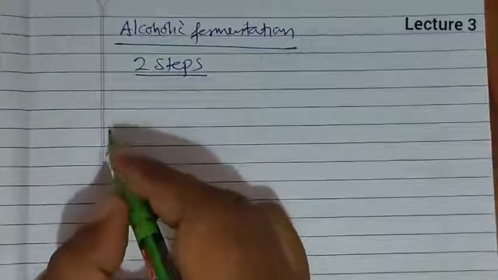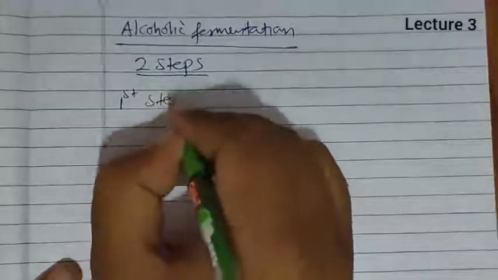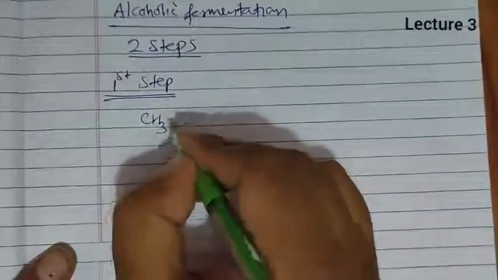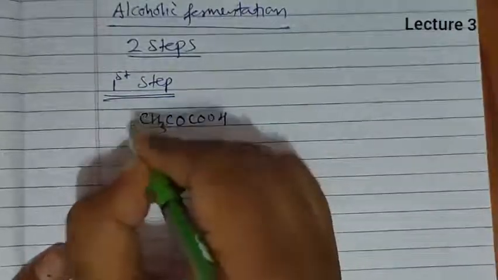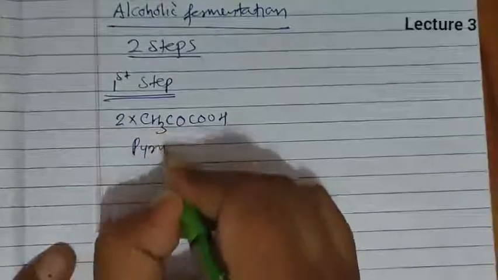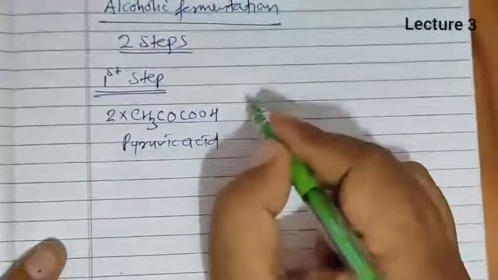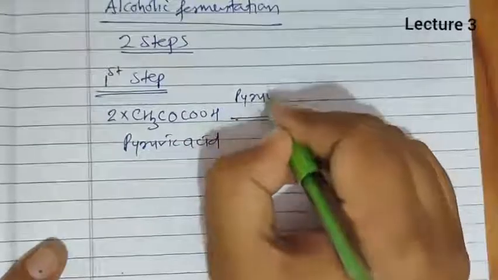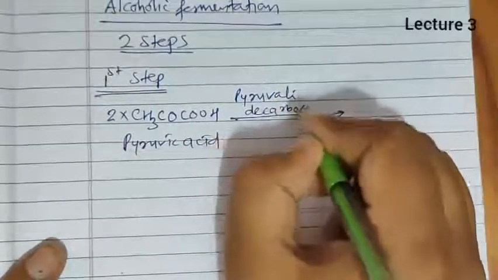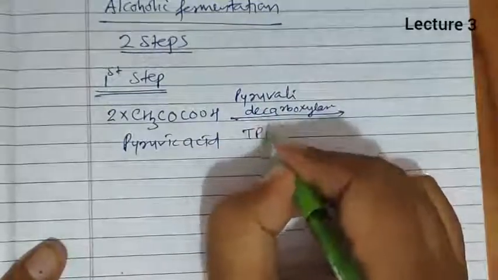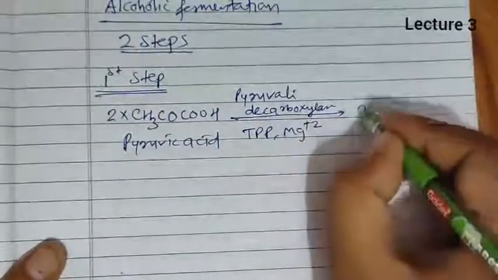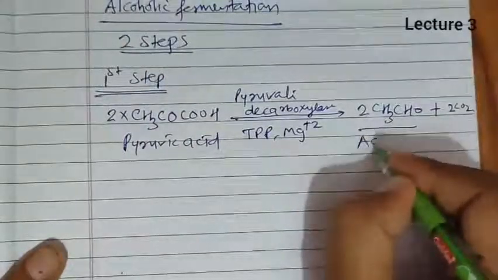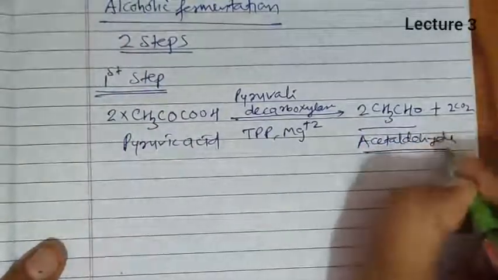In the first step, pyruvic acid, CH3COCOOH, which is a keto acid, two molecules of which are obtained from one glucose molecule, in the presence of the enzyme pyruvate decarboxylase, using TPP and magnesium as cofactors, is converted into CH3CHO and 2CO2. This is acetaldehyde.